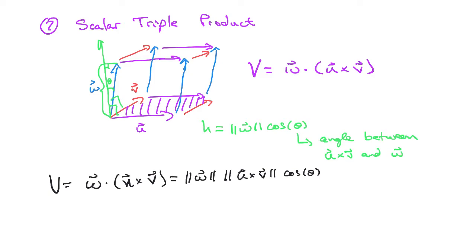Well, our length of w times the cosine of the angle is the height. Then the length of u cross v is the area of our base. And so sure enough, the volume for this parallelepiped is given by this scalar triple product. And so that gives you a little bit of motivation for where this property is actually coming from.